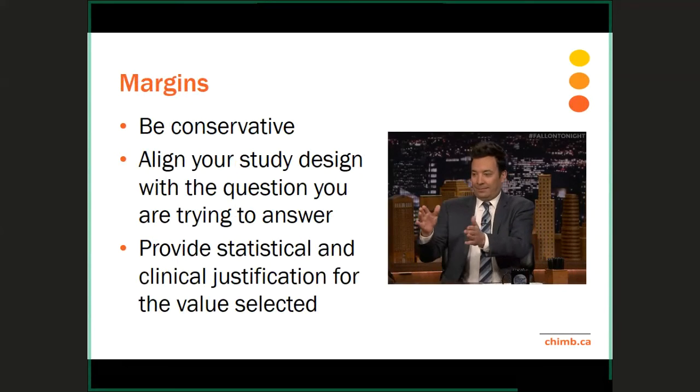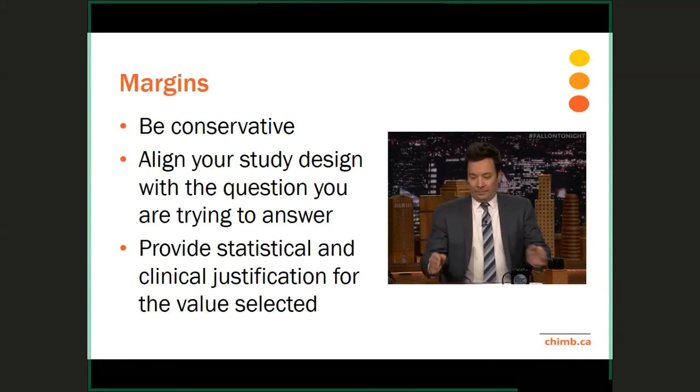So always be conservative, align your study design with the question you're trying to answer, and provide rationale. So if you pick 20%, you need to have some kind of justification for that value. So don't just throw out 5% is improvement or 50% is improvement without any reason as to why that 50% matters, what it means for long-term outcome.